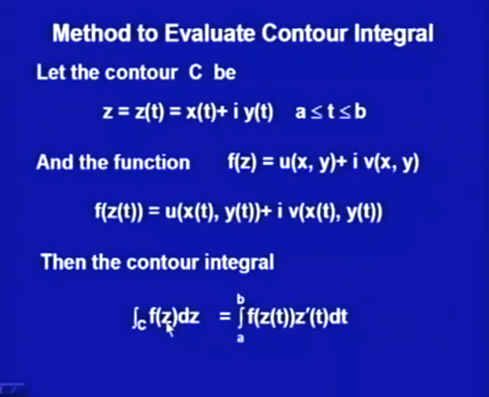What I am doing is changing the variable: instead of integrating in z, we integrate in t. Since z is a function of t, I have to write dz in terms of dt. If z is z(t), then dz would be z dash t dt. That is just the change of variable, as we usually do in real integrals.